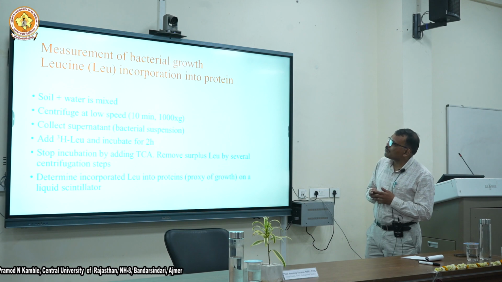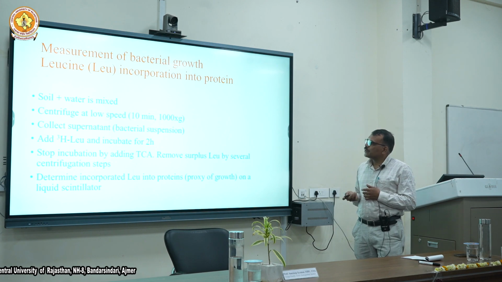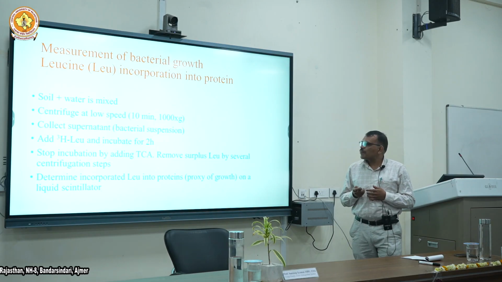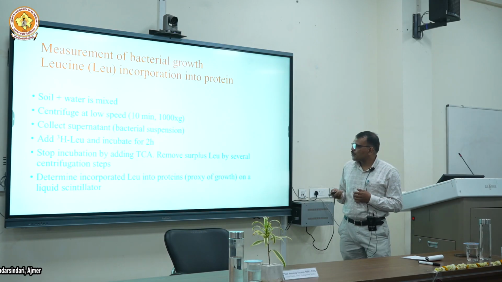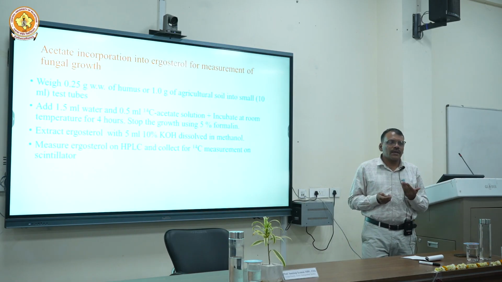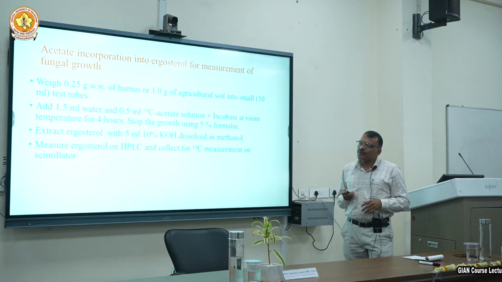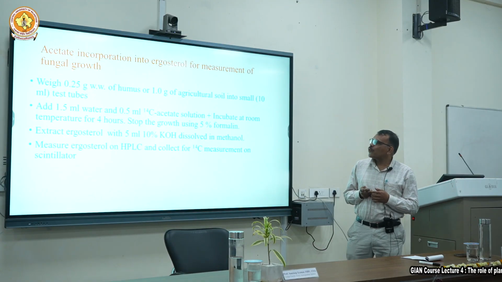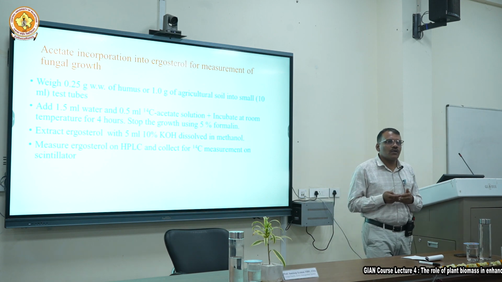So soil is mixed with water, then the supernatant is collected, the radiolabel solution is added, we wait for 2 hours, and stop the incubation by adding TCA. Then we remove the supernatant solution by several steps, and then determine the incorporation into proteins. In the case of acetate incorporation, 1.5 ml of 0.2 gram of humus soil was added, and then 1.5 ml of 14C acetate solution was added and incubated at room temperature for 4 hours.